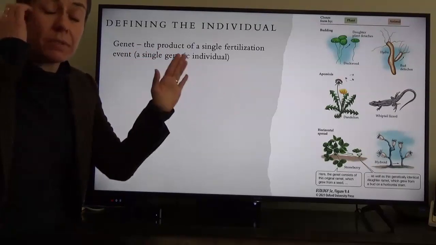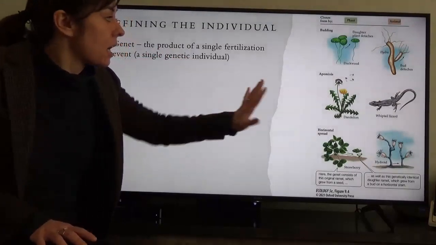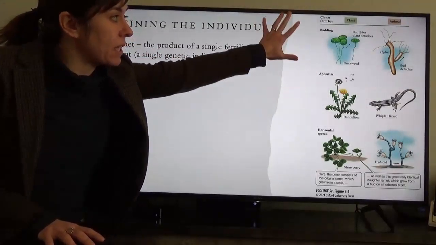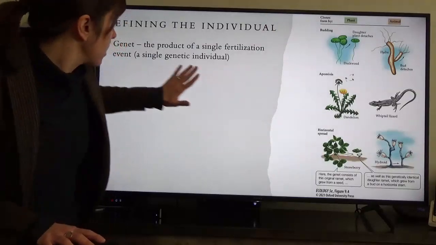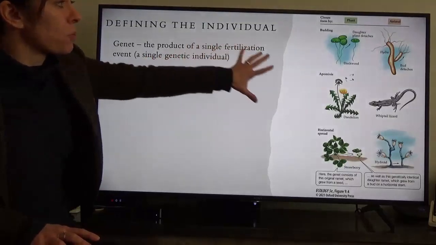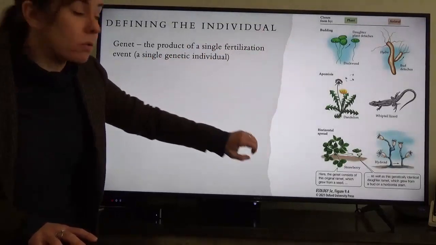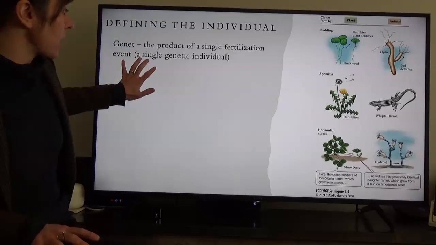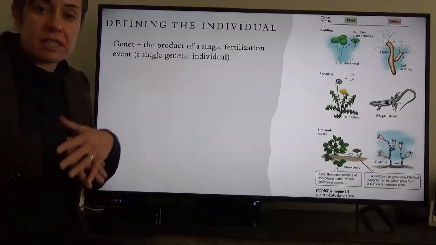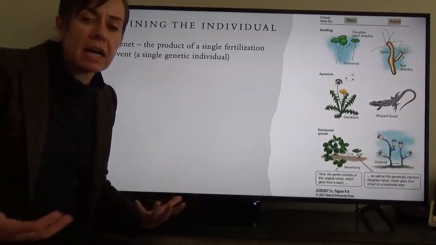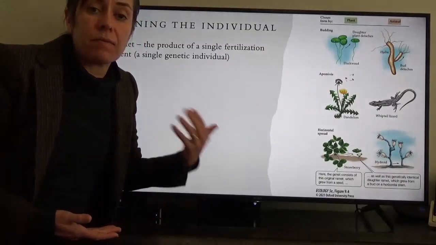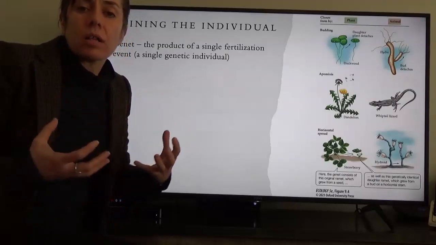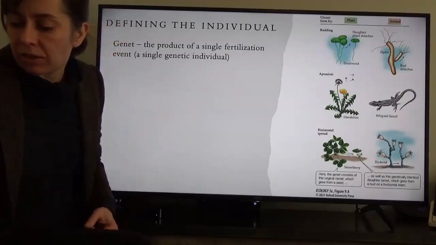So whether we're thinking of the aspens on the previous slide, or any of these modes of asexual reproduction, all of the individuals that are produced via these modes are referred to as genets. So that entire aspen clone is a single genet. All of the daughter plants from that duckweed, they're all a genet because they're genetically identical.